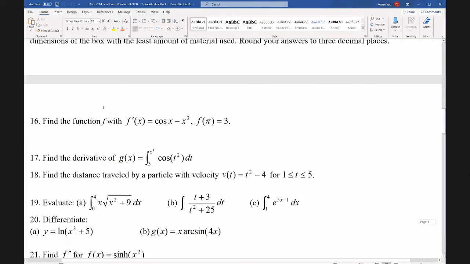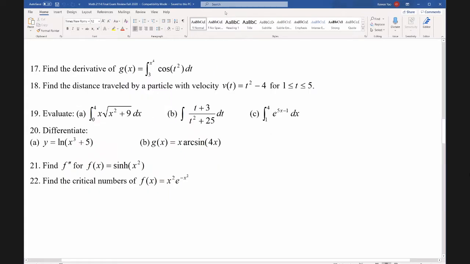Next, number 18, okay? Let's find the distance. Find the distance traveled by a particle with velocity v(t) is t squared minus 4, and t is from 1 to 5. Okay, this is the velocity, right? Given by this formula, t squared minus 4. t is time, right?